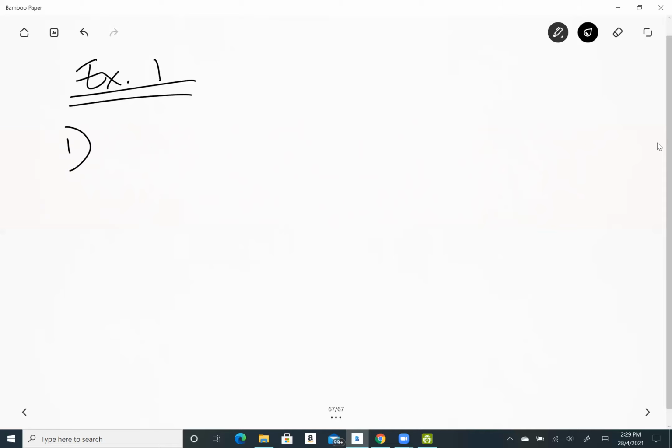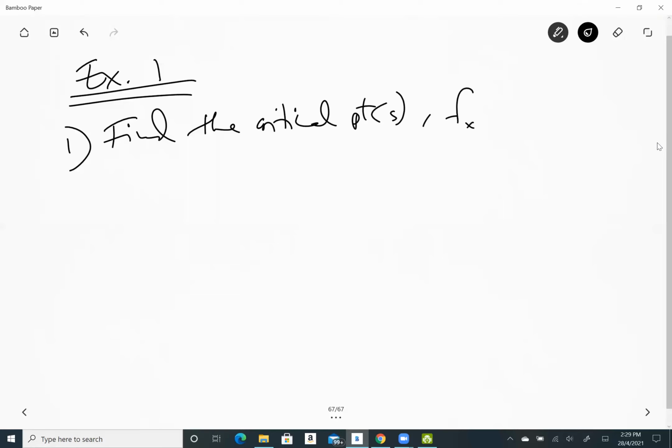So first thing is you need to find the critical points, or in case there are more than one critical point, where fx equal to 0, fy equal 0. So take the first partial. We need fx.